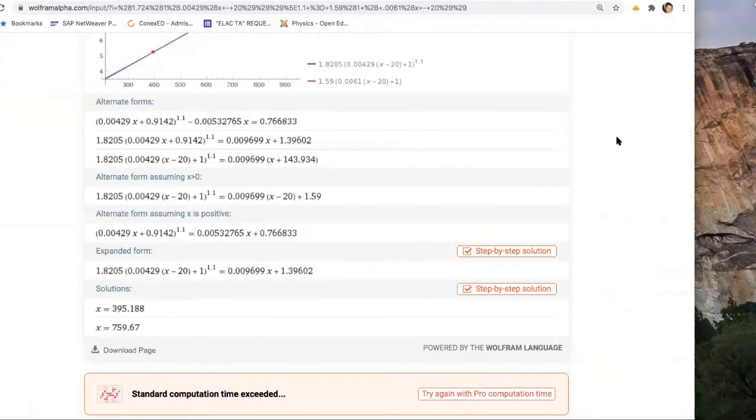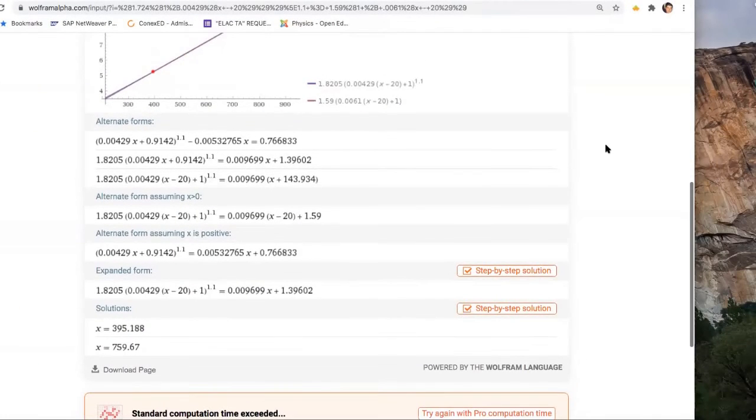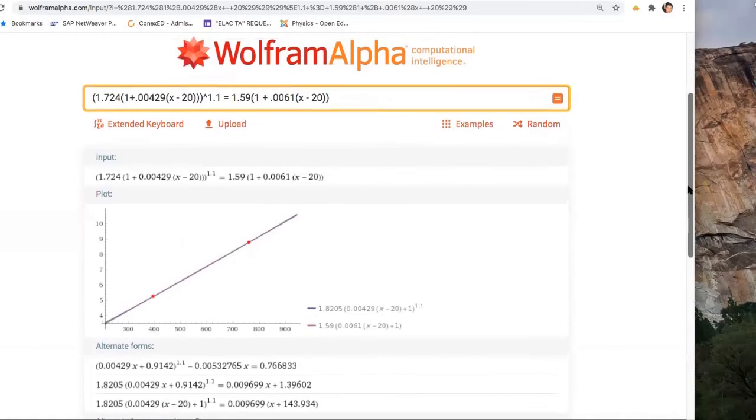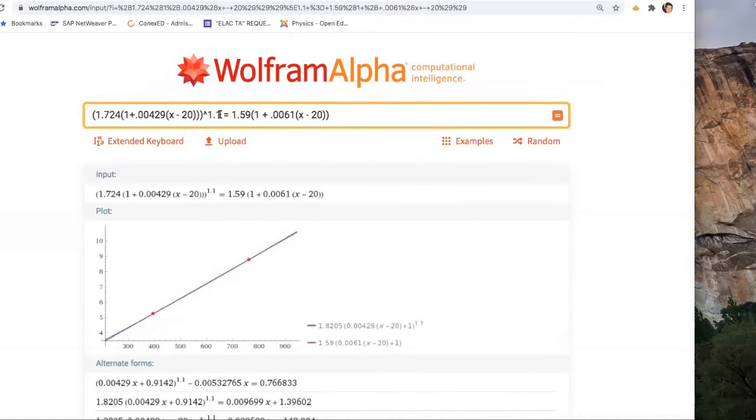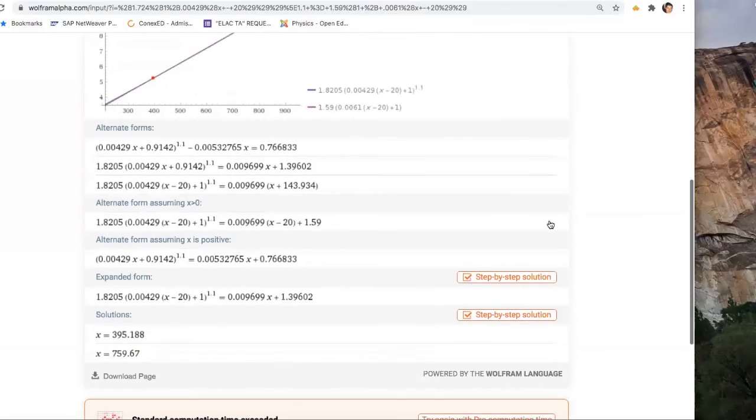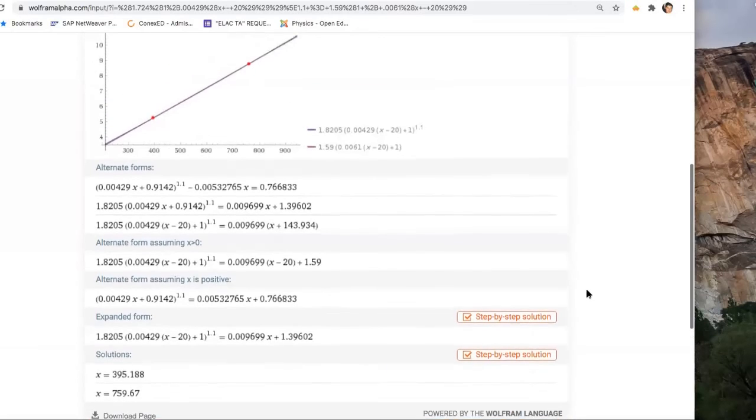Of course, for the 1.5 power, the answer is no answer, but 1.1 does exist. There are two answers that satisfy 1.1: 395 and 759 Celsius.